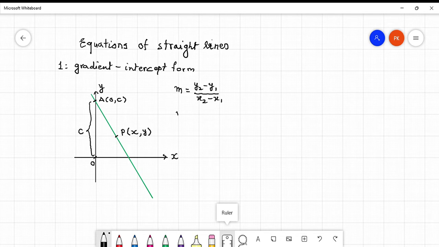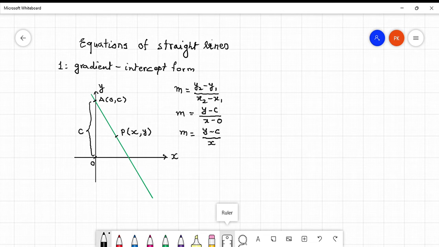So m is equal to, take any point as x1, y1, other point as x2, y2. So what will you get? y minus c upon x minus 0. So m is equal to y minus c upon x.